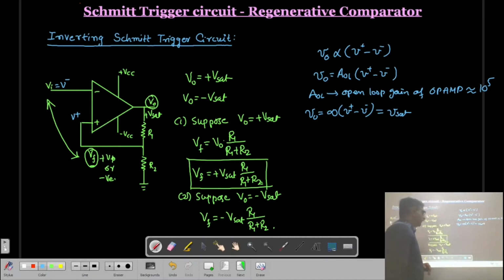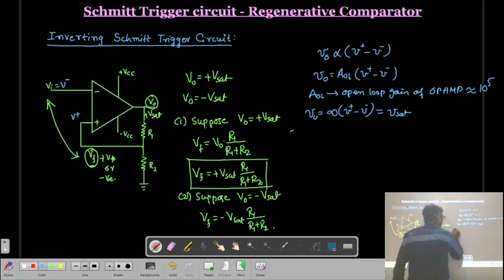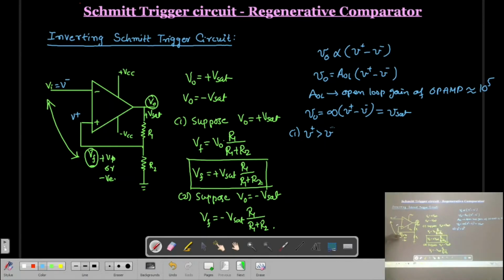Now try to understand that if V plus is greater than V minus, what does it mean? V plus is my feedback voltage and V minus is my input voltage. It means the feedback voltage is greater than my input voltage.